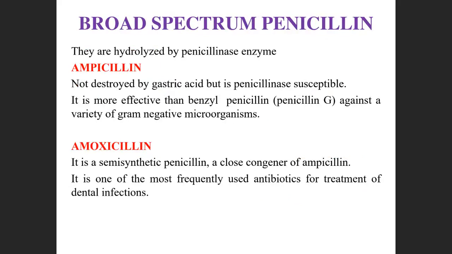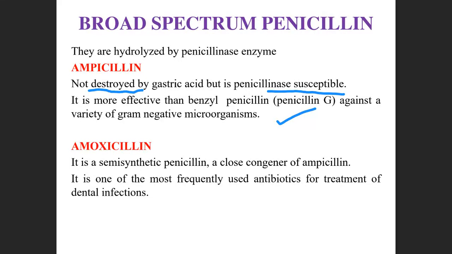Whereas this broad spectrum antibiotic has a modified structure, so ampicillin cannot be destroyed. That's why we say ampicillin is not destroyed by gastric pH, but it is penicillinase susceptible, meaning susceptible to the enzyme, and it is more effective when compared to the other drug.